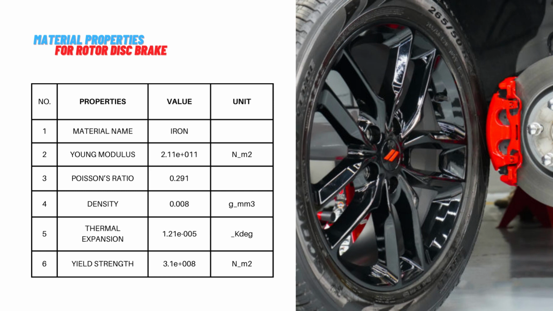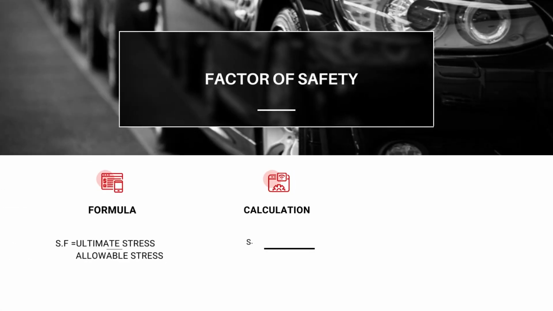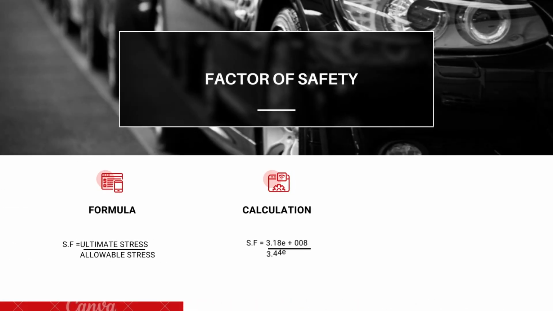Lastly, for yield strength, we got 3.1 times 10 to the power of 8. After running the structural analysis, we obtained the value of 0.000944816 for the safety factor, which determined that the usage of this design is safe to use.